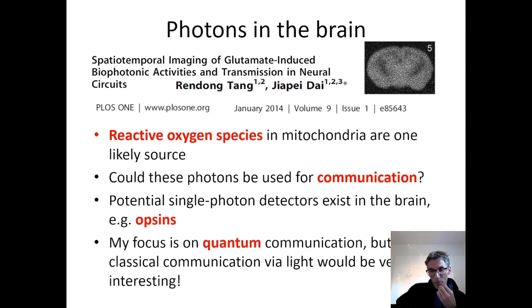A natural use for them might be for communication purposes. In this context, it's interesting that there are potential single photon detectors in the brain, namely light-sensitive proteins, so-called opsins. My focus here is on the possibility that the photons could be used for quantum communication, but in fact, even classical communication by light would be something new and quite interesting for biology.